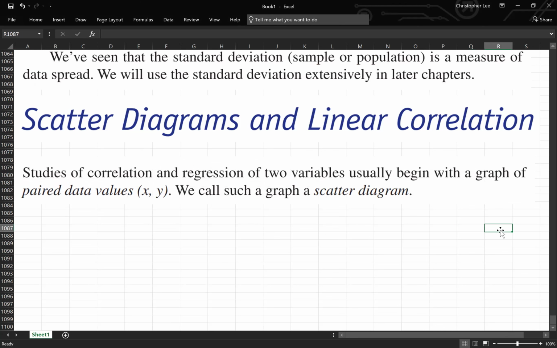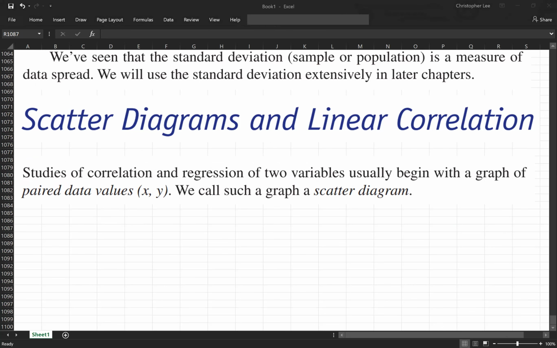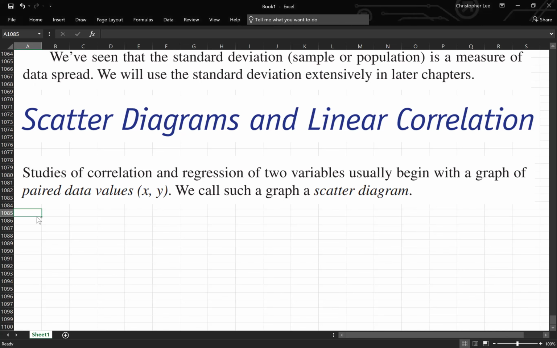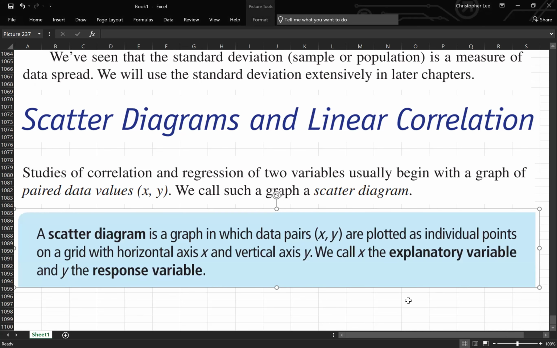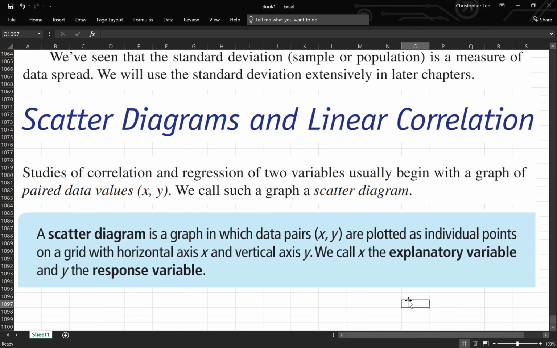Studies of correlation and regression of two variables usually begin with a graph of paired data values x and y. We call such a graph a scatter diagram. A scatter diagram is a graph in which the data pairs x and y are plotted as individual points on a grid with horizontal axis x and vertical axis y.